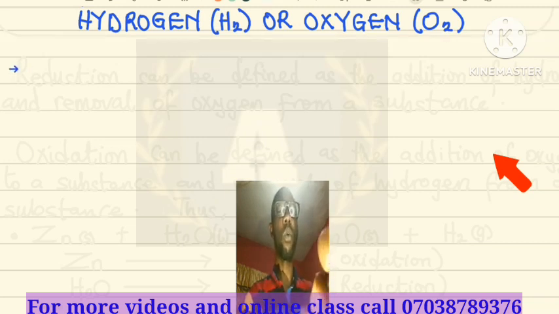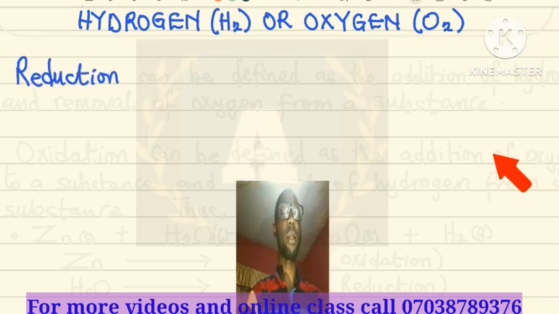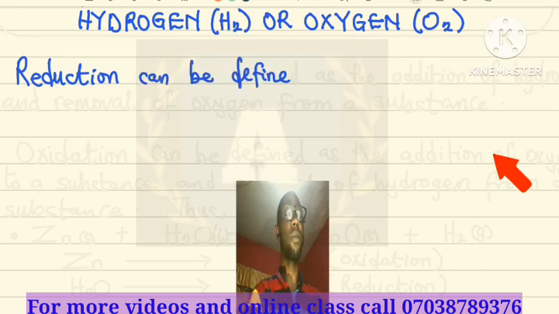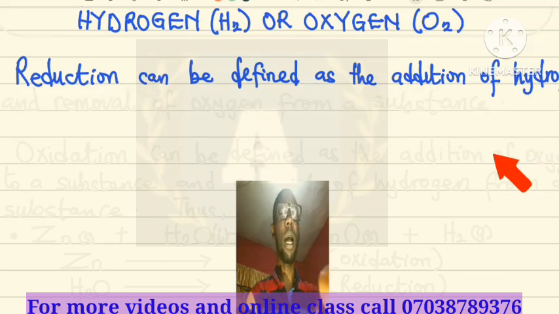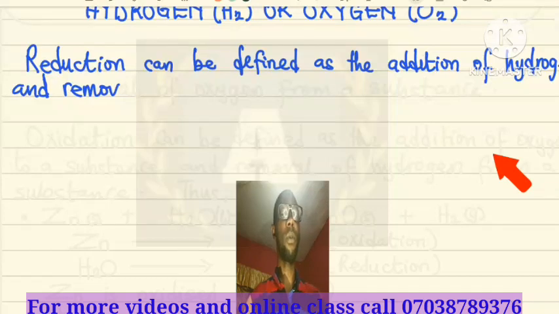We can simply say that reduction can be defined as the addition of hydrogen and removal of oxygen from a substance.